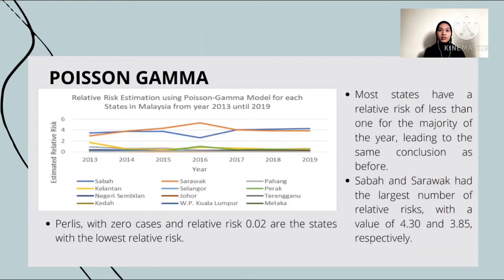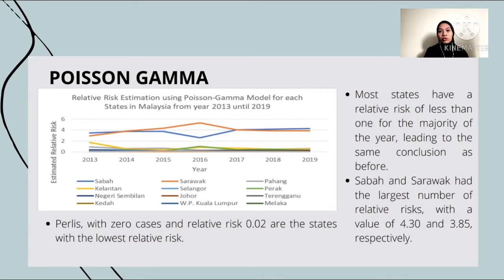Next is Poisson gamma. This is the relative risk estimation using the Poisson gamma model for each state in Malaysia from 2013 until 2019. Most states have a relative risk of less than 1 for the majority of the years, leading to the same conclusion as before.